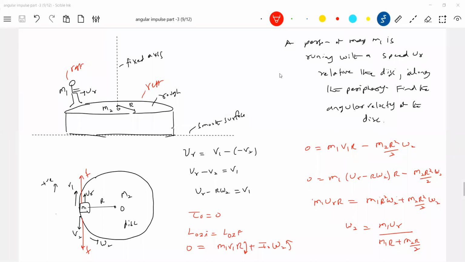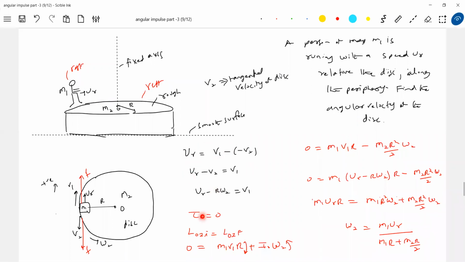V2 is the tangential velocity of the disk. It should come from here. This is the idea.